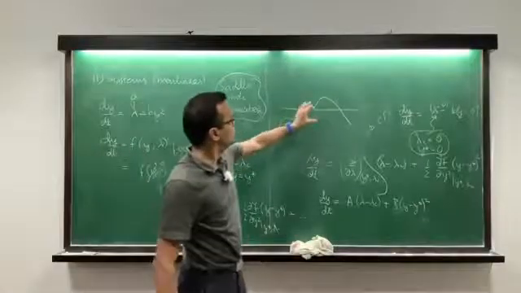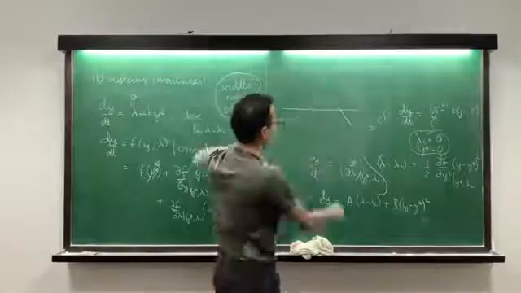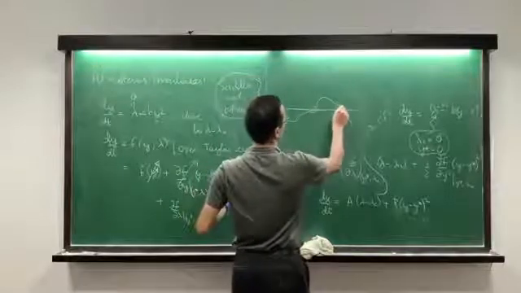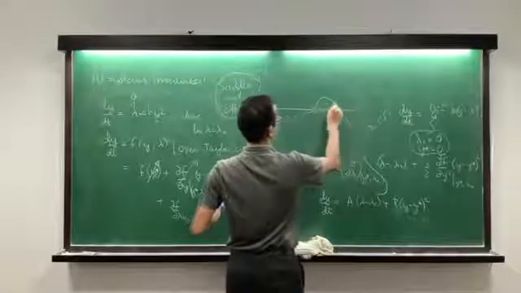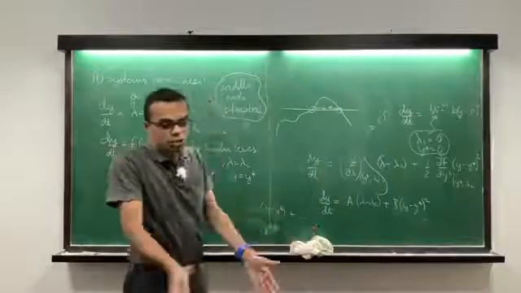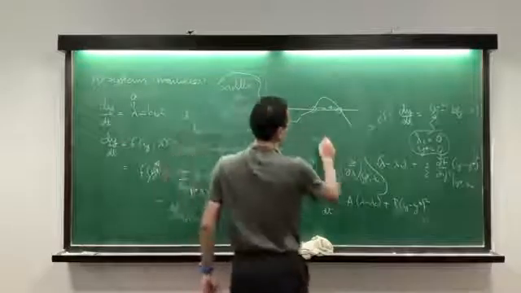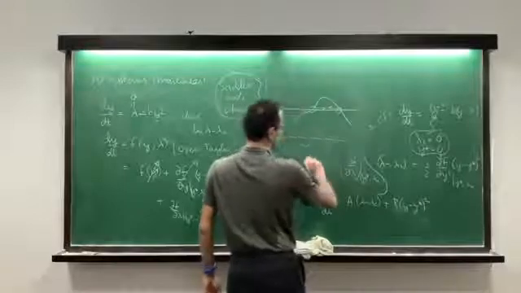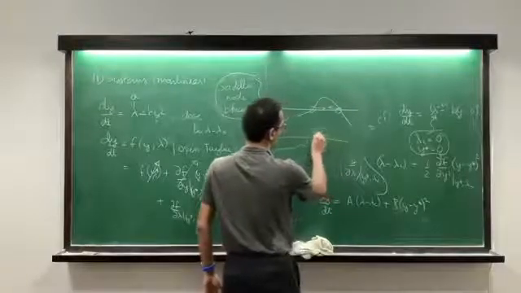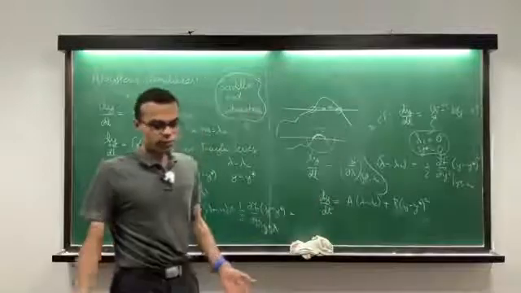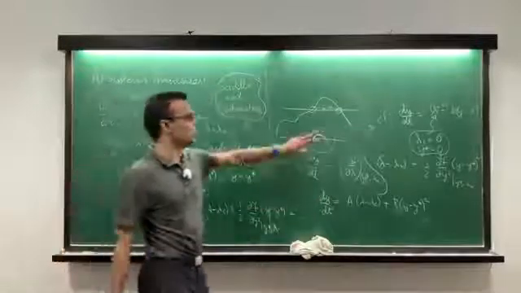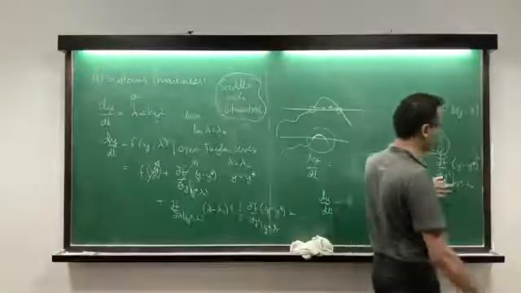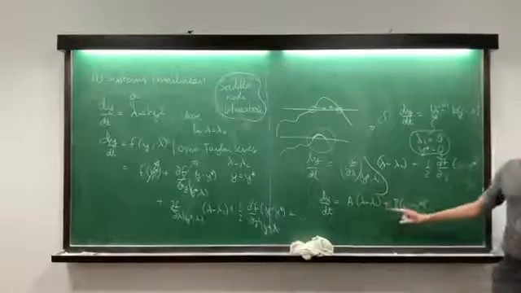The moment I change the parameter such that these points are coming closer to each other, if I come close enough and zoom in here, it's basically going to look like a parabola. That's what this is saying. So, if I get close enough to lambda c, then this is going to look like a parabola, and that's why this is reduced to this form.